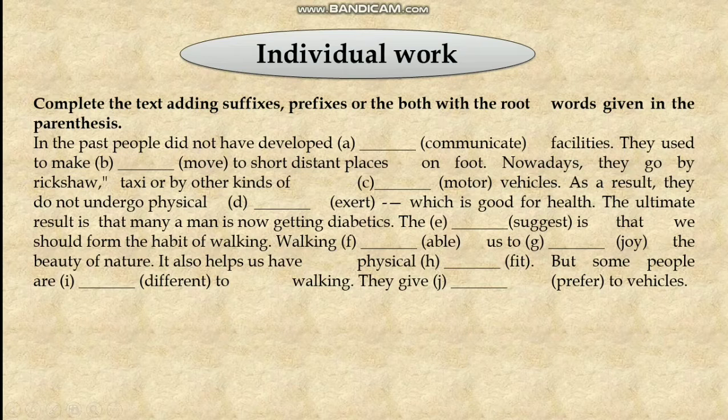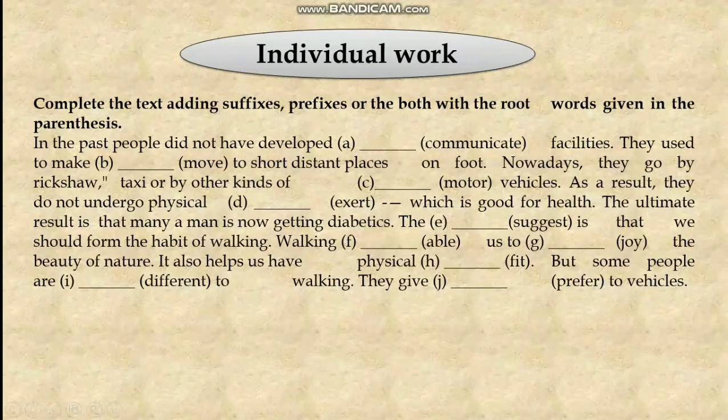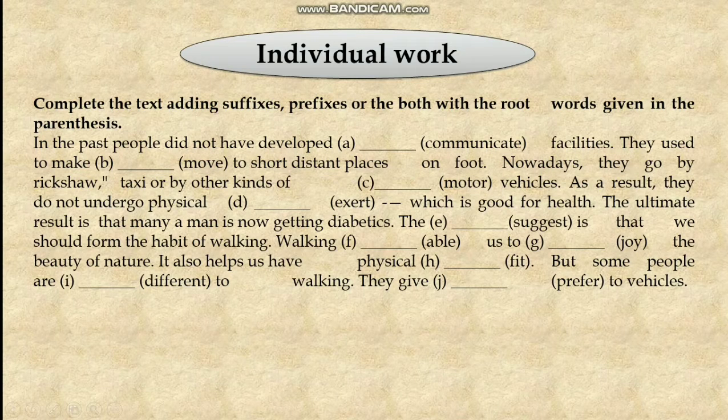In the third sentence, nowadays they go by rickshaw, taxi or by other kinds of motor vehicles. The word vehicles is a noun, and before a noun we use an adjective, and the adjective of motor is motorized. So motorized is appropriate here.